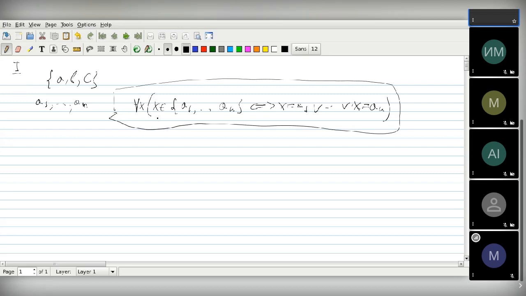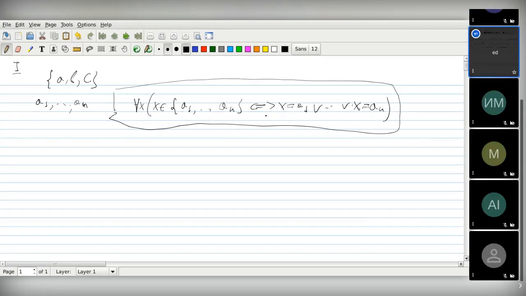For each x, x is an element of this set if and only if x equals A1 or x equals A2 or x equals AN. That means that you can just group one or two or three or even one set.